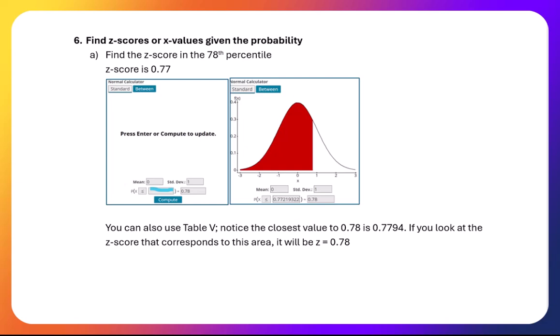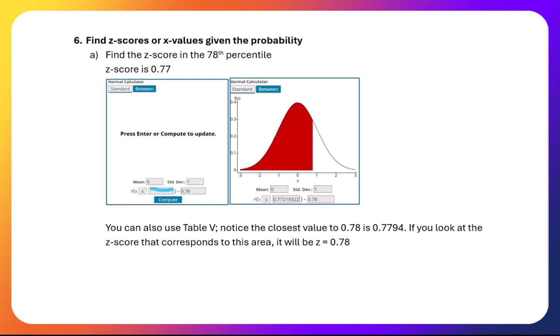But now we are given the probability, and we need to find the z-score. Find the z-score in the 78th percentile. So he wants the z-score that is located in the 78th percentile, which means find the value for which the area to its left is 78%.